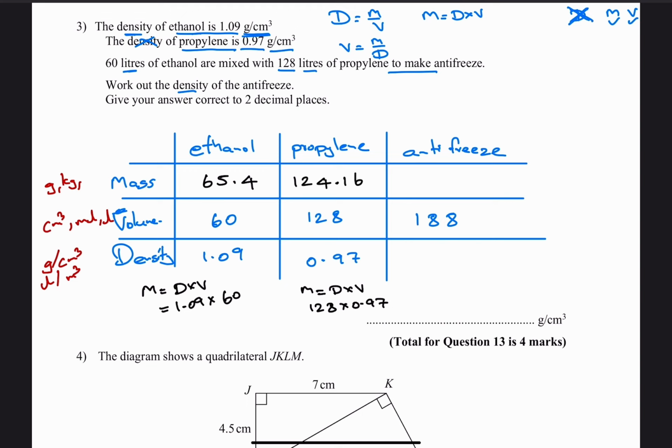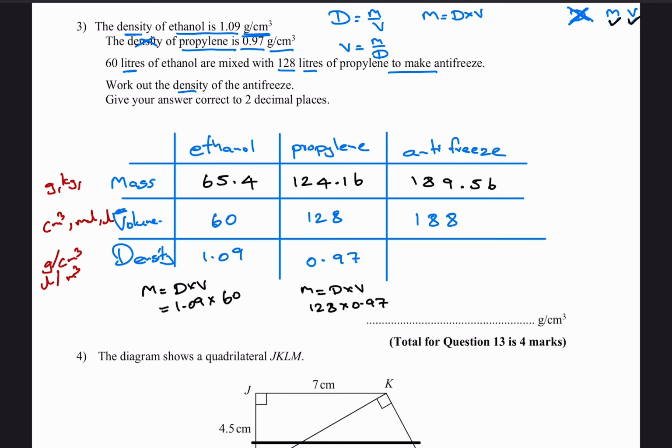Now, can I add the mass? Of course, you can add mass and also the volume. So 65.4 plus 124.16 will give you a total of 189.56.